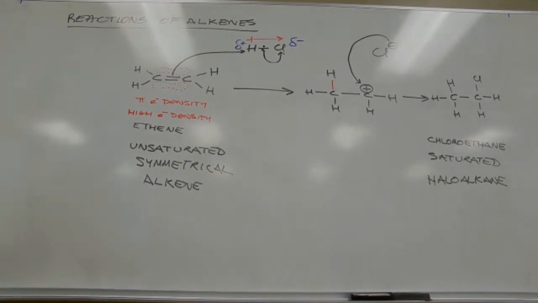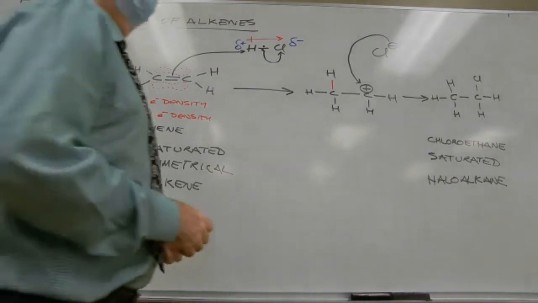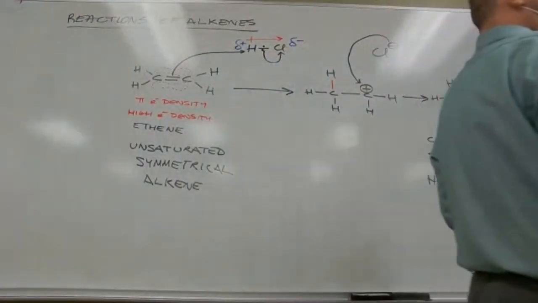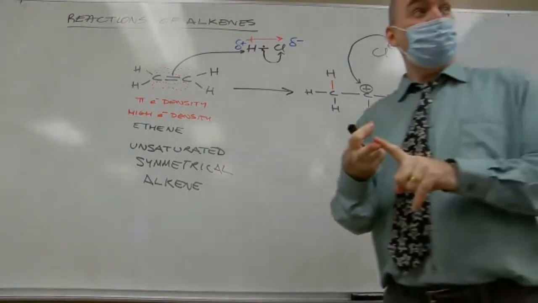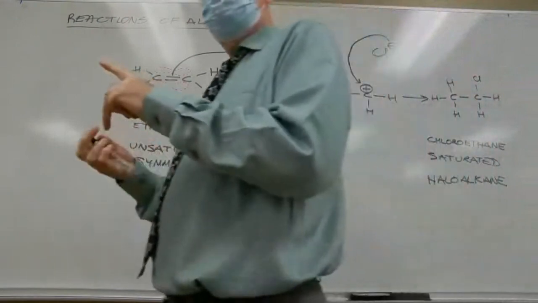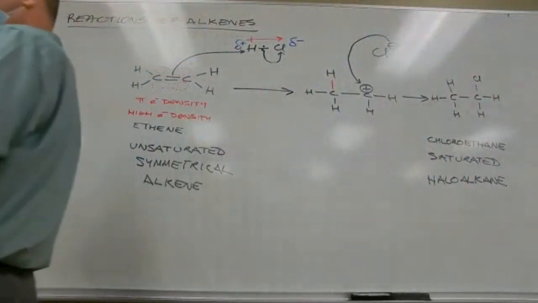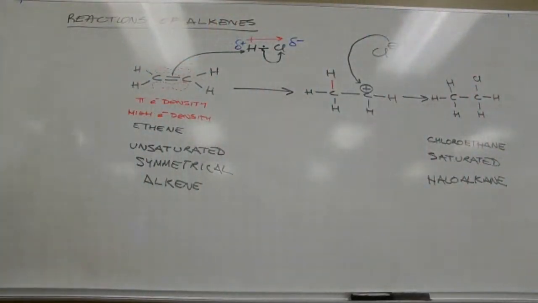Way back from your general chemistry knowledge days, we did reactions that were combinations. We did reactions that were replacements. We did reactions that were double replacements or double displacements.